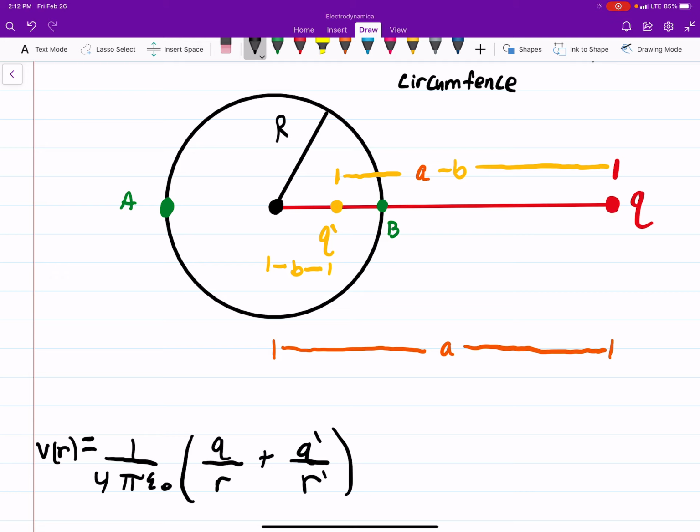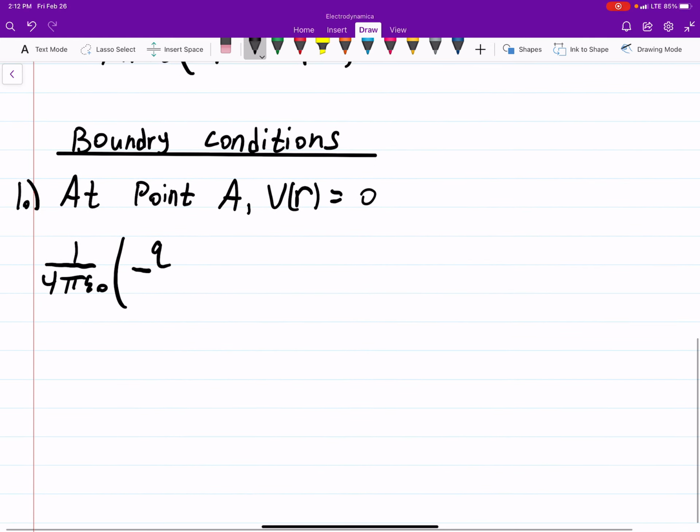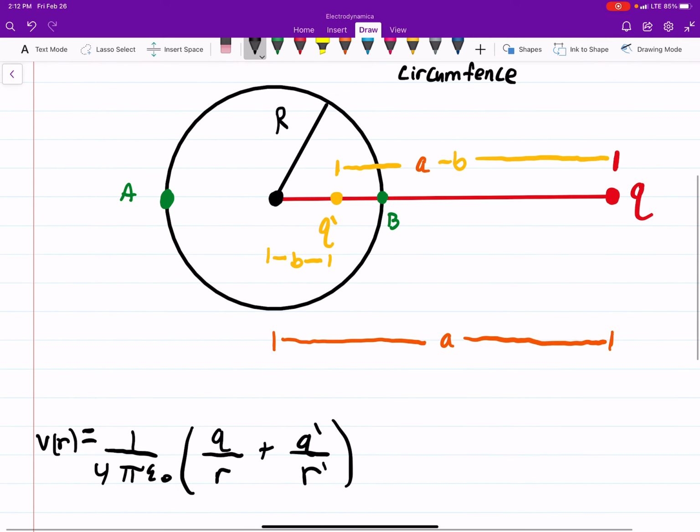So hopefully that makes sense. The distance from point A to there is just big R plus a. So that'll be over big R plus a, plus our imaginary charge q prime over, so again, a distance r will take point A to the center, and we're also going to need to add this b to get to the position of our imaginary charge.